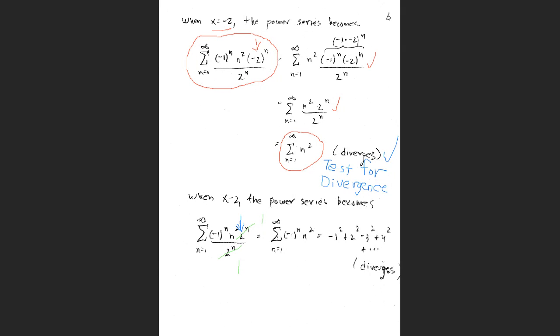And again, the way the series is going to behave, if I write out some terms of the series, I'm going to have -1 squared, plus 2 squared, minus 3 squared, plus 4 squared, and so forth. So the next term would be a minus, actually, right?